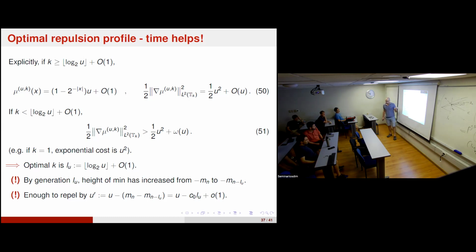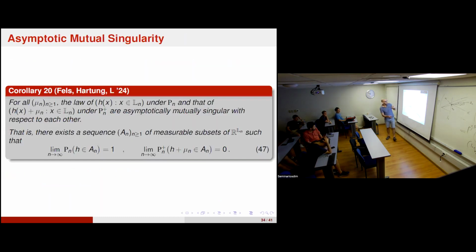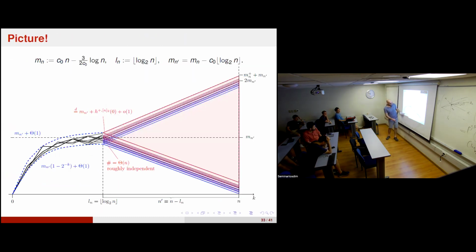But that's one main idea. The important realization one has to make is that once you did log 2u many steps, you've also shortened the tree. Look at the picture. Let's do this for mn.